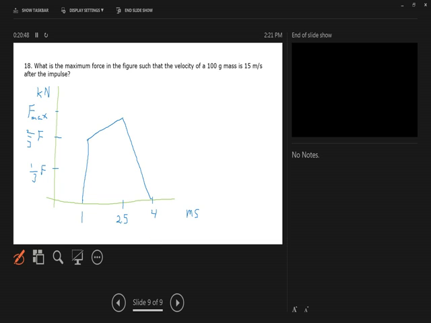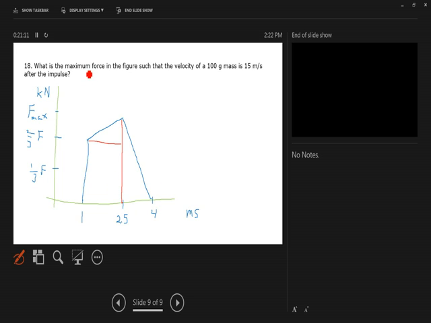Now we need to figure out the area of this rather odd looking thing. Well, think about it. We've got a triangle here, which we know the base, and we've got another triangle right here, and we've got a rectangle.